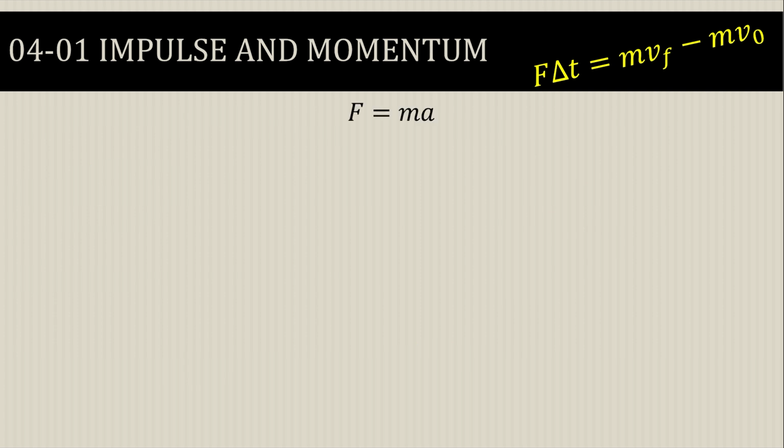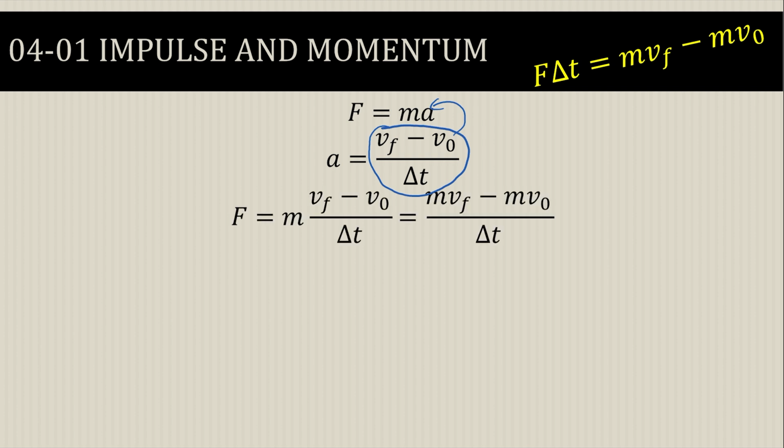Let's derive the formula. F equals ma. That's Newton's second law. a equals change in velocity over time. It's the definition of acceleration. So if I substitute that for the acceleration, I get F equals the change in velocity over time, times the mass. If I distribute the mass, I get m v_f minus m v_0 over time.